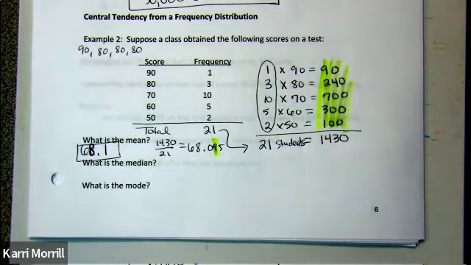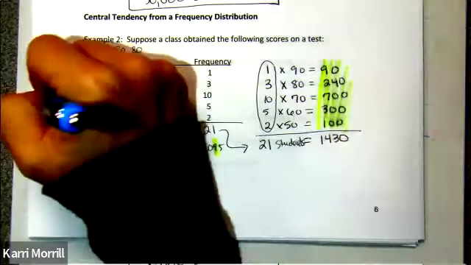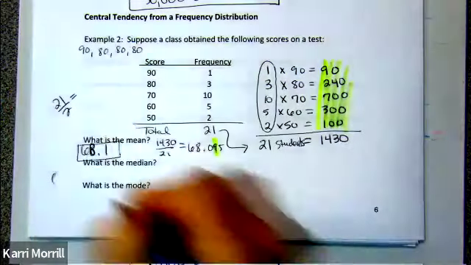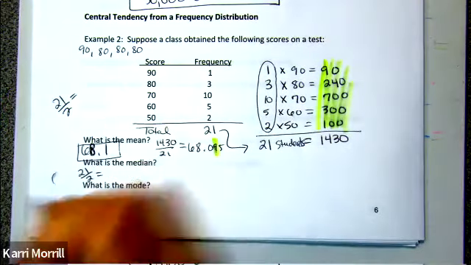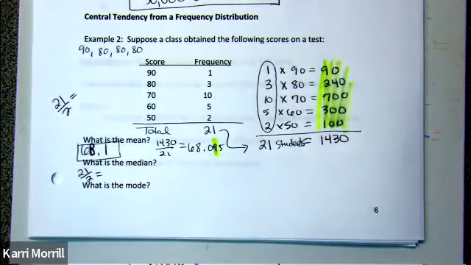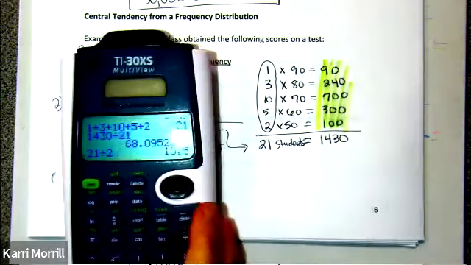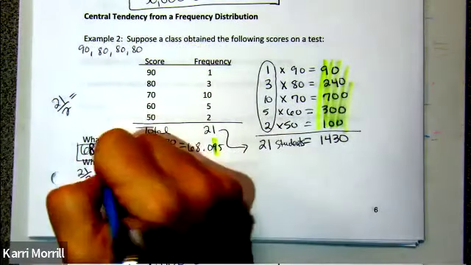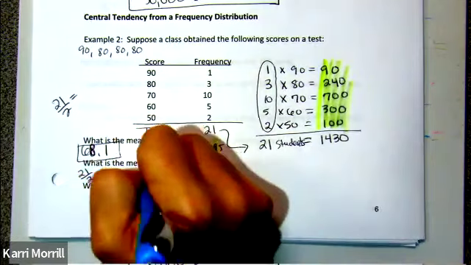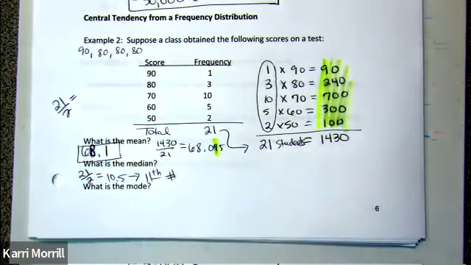What's the median? So that would be the middle number. So again, how many numbers are there? 21. So if we take 21 and divide it by 2, actually I'll put that here so you know what it went with. This would be one of those that it helps. We bump that up and since that's 10.5, we would say the 11th number would be the median.